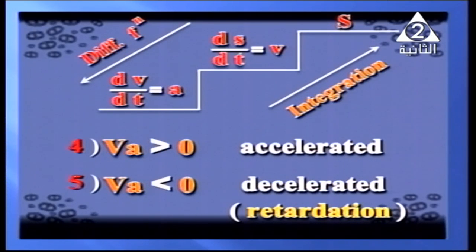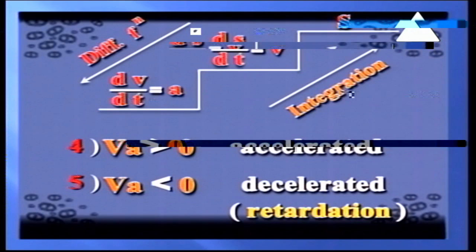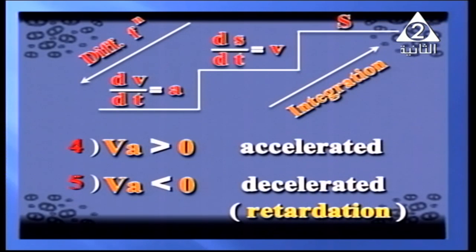Then we have two motions of the body: accelerated motion, VA more than 0, and decelerated motion, VA smaller than 0. What is the V? Velocity. What is the A? Acceleration.